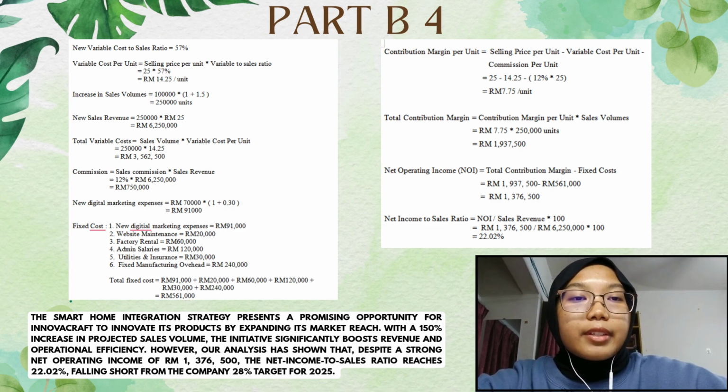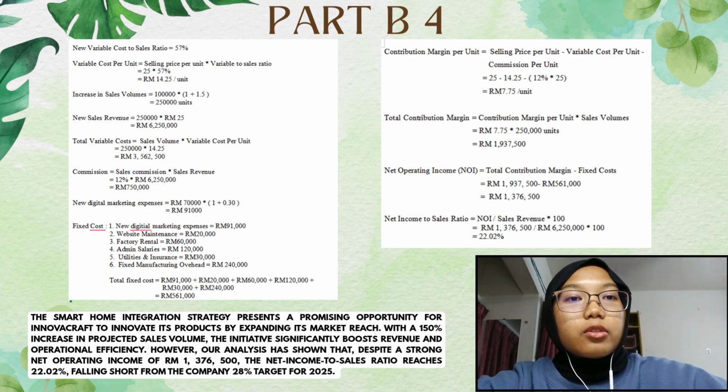We pay a 12% commission, so the commission would be RM750,000. The fixed costs include not just marketing and admin costs, but also manufacturing overhead of RM240,000. With the 30% increase in digital marketing, the total fixed cost becomes RM561,000.